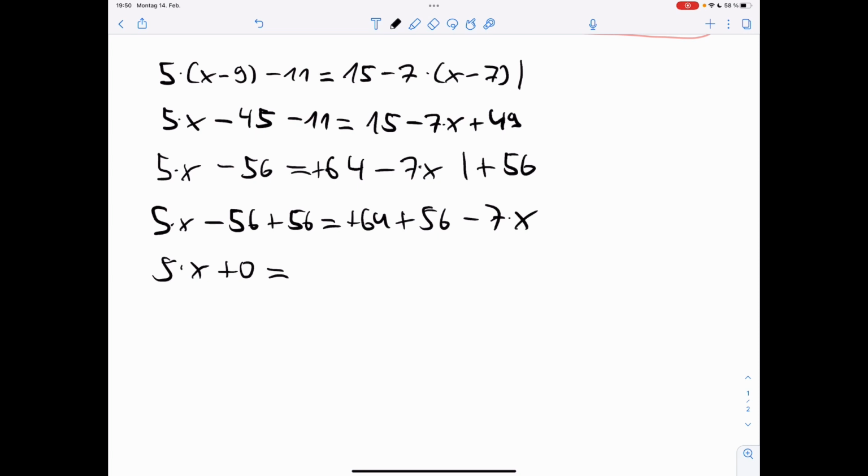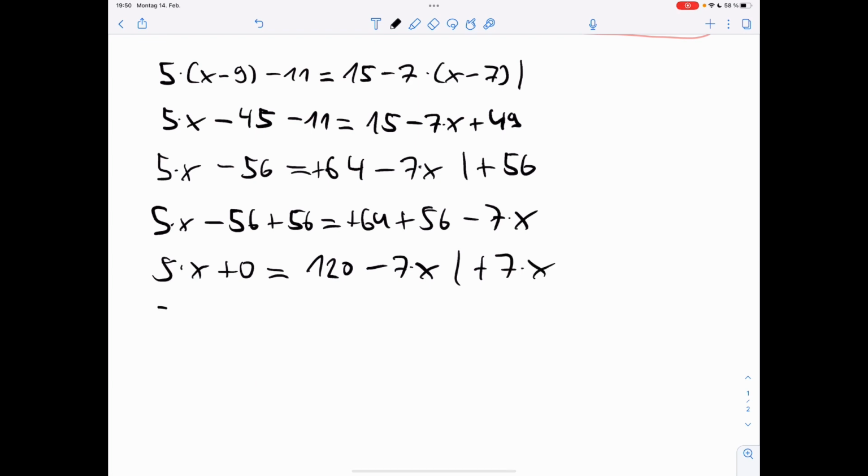120, if I'm right. 120 minus 7 times x. And now put the x on this side. So we have to get this away. There must be a 0. So we add 7 times x.